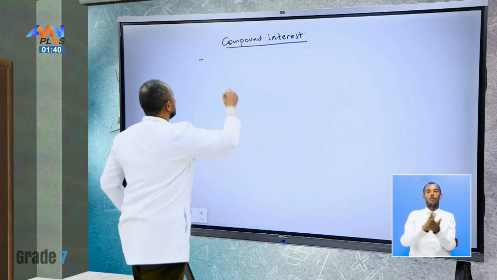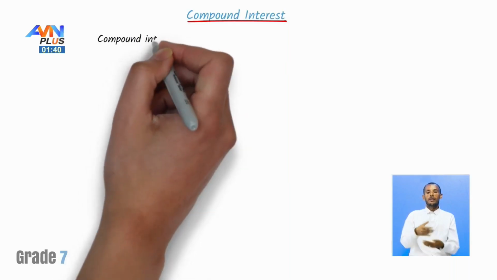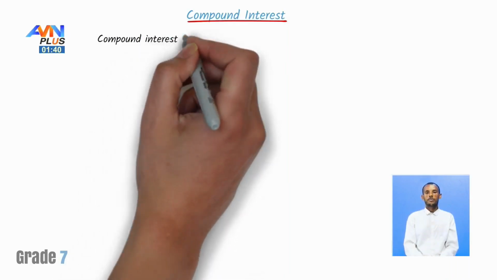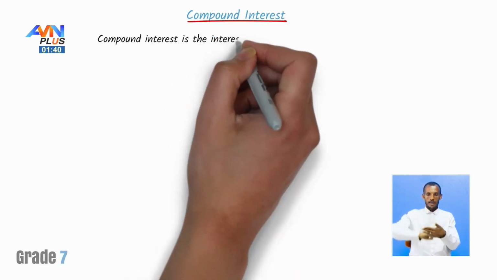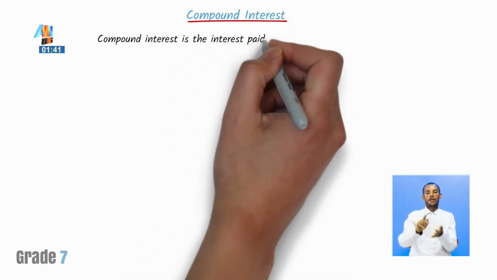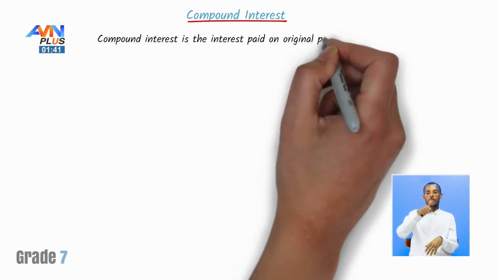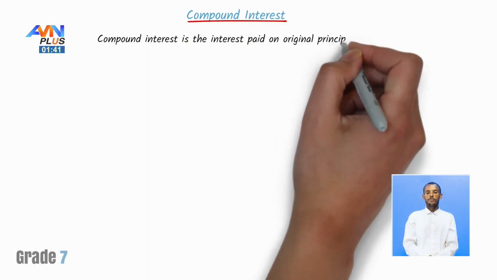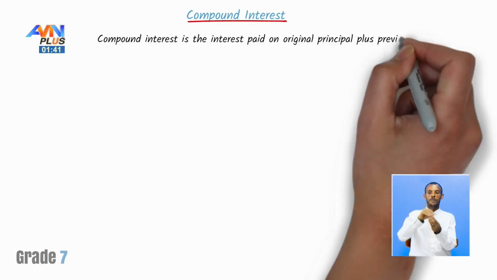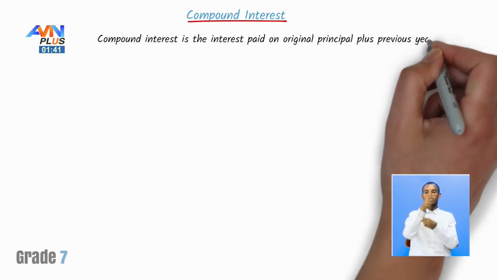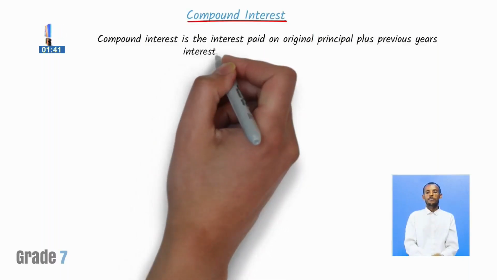So here, compound interest is the interest paid on the original principal plus the previous year's interest.